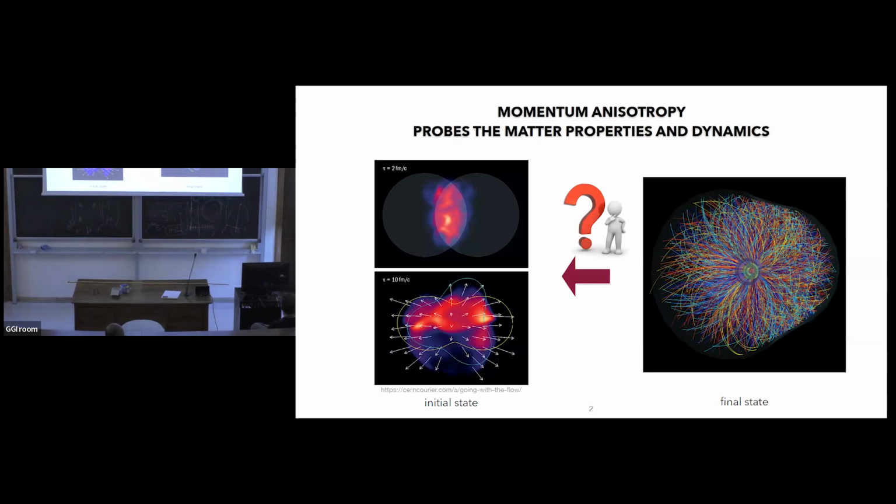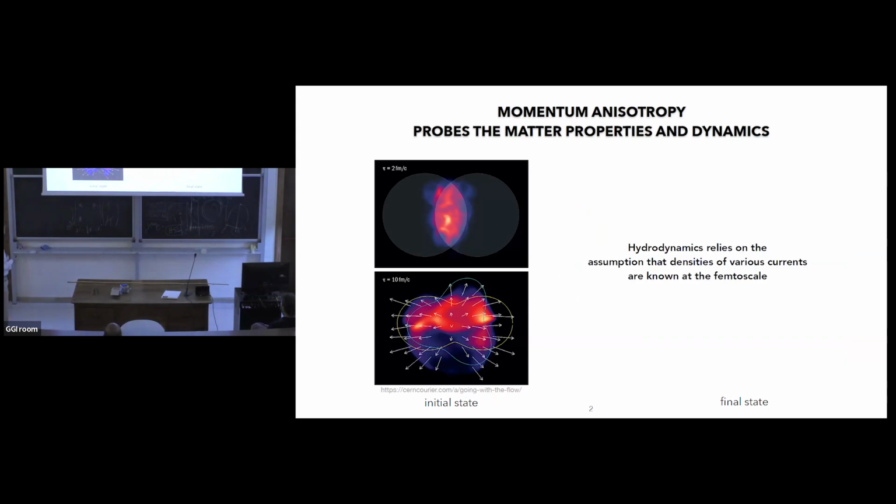And what I also want to stress is that out of these pictures, we can really see that we give meaning to the densities of the currents in heavy ion collisions. It's not that it doesn't matter what the distribution in the initial state is, and out of this we can get the observables.